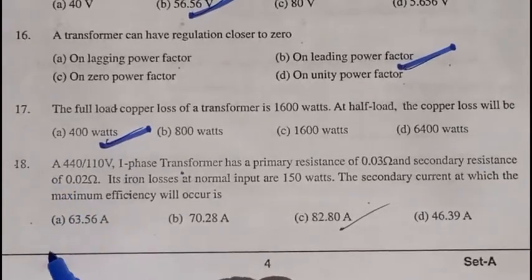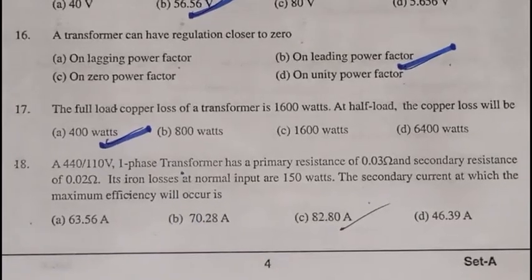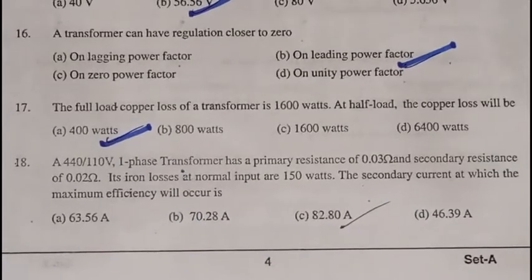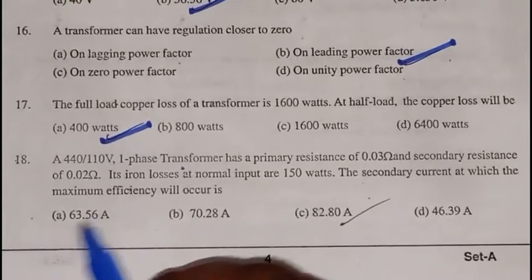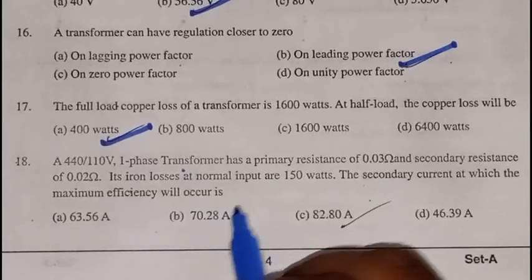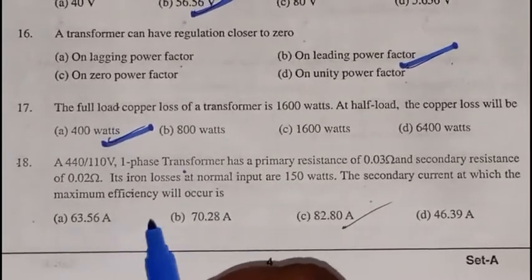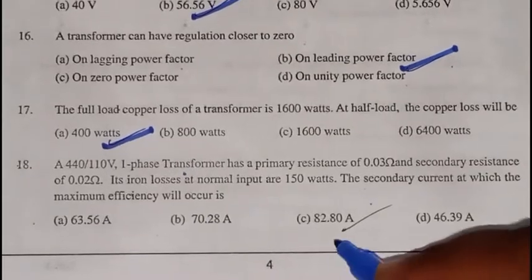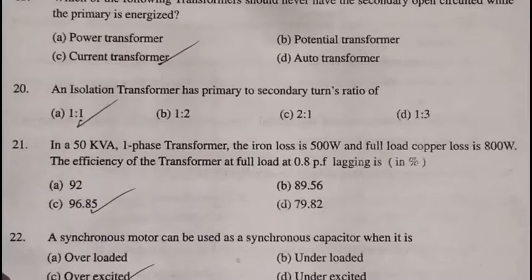A 440 by 110 volt single phase transformer has a primary resistance of 0.03 ohms and secondary resistance of 0.02 ohms. Its iron losses at normal input are 150 watts. Then secondary current at which the maximum efficiency will occur is 82.8 amps.